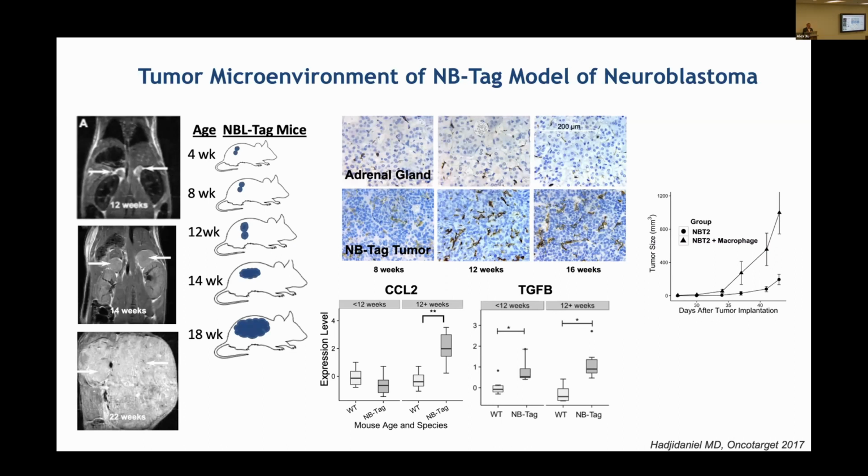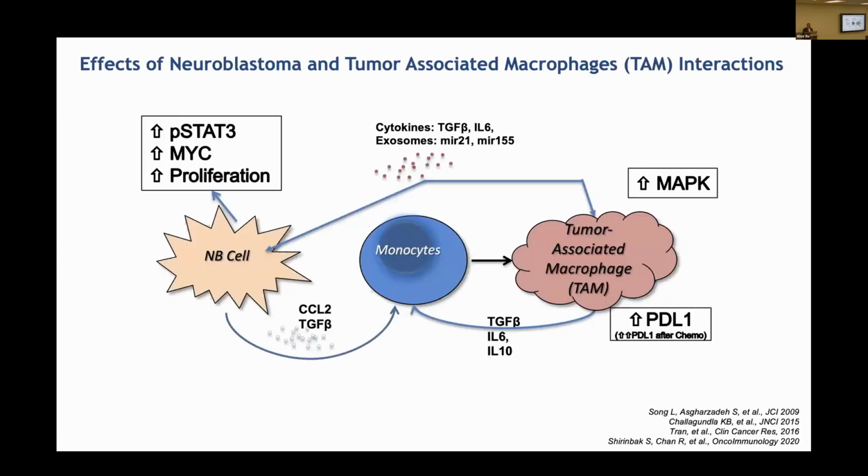And the levels of TGF beta and CCL2, a marker that the tumor cells secrete, are actually an invitation for monocytes to come into the tumor. They also go up around the time that the tumors are getting very large. And when you co-culture tumor cells with macrophages, the tumors grow faster in the ones that have the macrophages. There's a lot of papers that we wrote looking at this association.